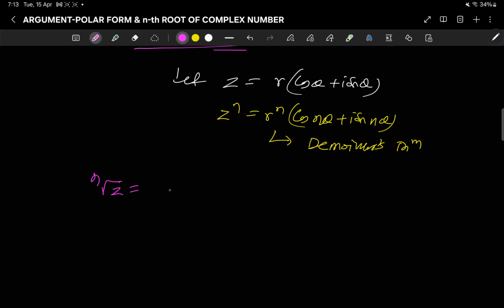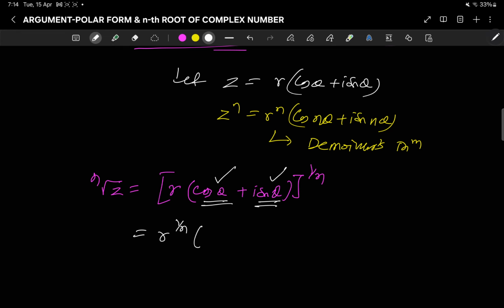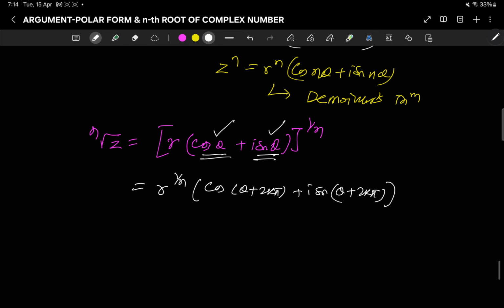this is equal to r cos theta plus I sin theta whole to the power 1 by n, is it not? So you will be able to write it as r to the power 1 by n, and you can split in view of the general argument: cos theta plus 2k pi plus I sin theta plus 2k pi, because 2k pi is the period, this to the power 1 by n.